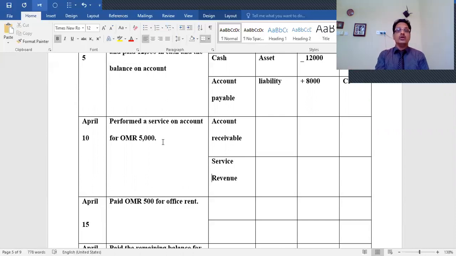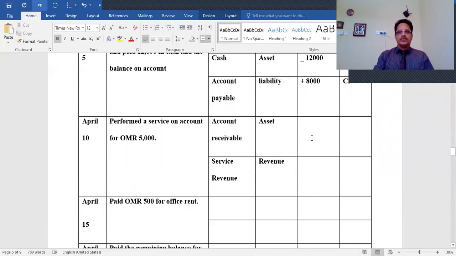So here the sale is already made, so you have recognized income. Now account receivable, as you know, is sundry debtor, an asset, and service revenue is an income. Revenue or income, you can use the same term.